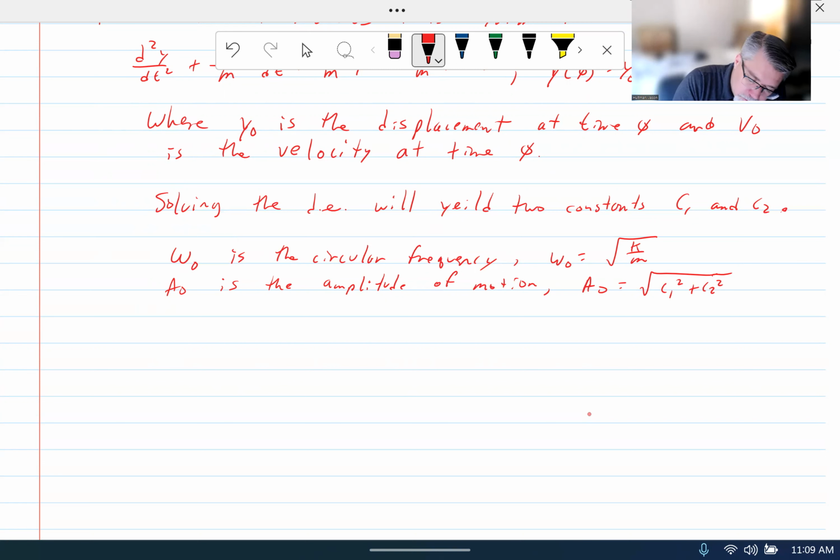And phi is the phase of the motion, and phi is equal to the inverse tangent of C2 over C1.